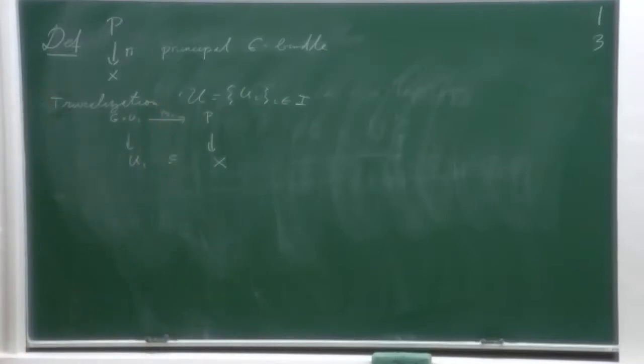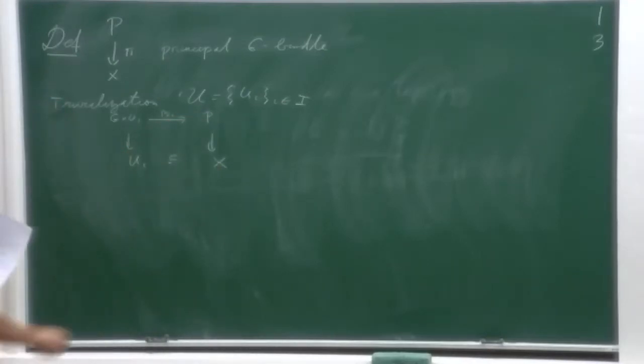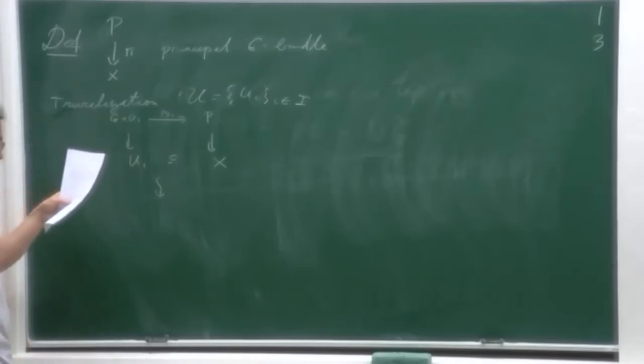And then, given these beta i for all i, we can get a map, the geometric realization of which is going to be the classifying map for the principal bundle.